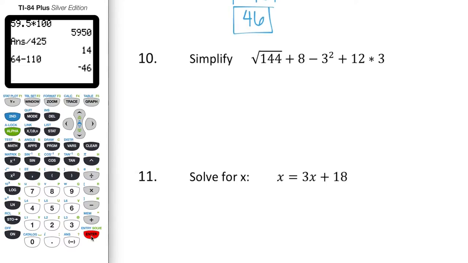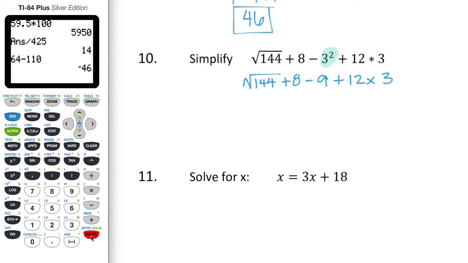All right, on this one, we're going to have to simplify a couple things first. We're going to start with our exponents. So we're going to have the square root of 144 plus 8 minus 9 plus 12 times 3.